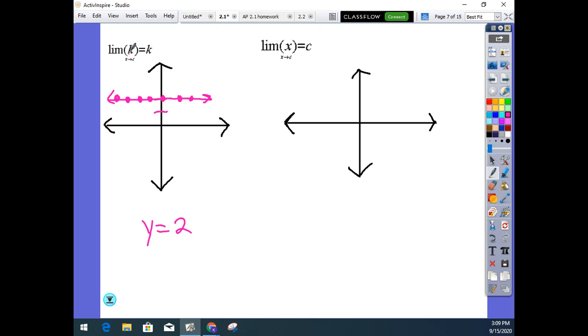What this is saying is, if this is some constant number, I don't care what the x is approaching, the y value will always be the same number. So the limit as x approaches 1 of 2 is 2. If this is a number, the limit equals that number every single time. Because the limit tells us the y value, and if the y value is constant, the limit is constant.